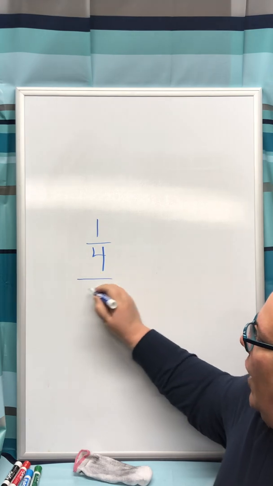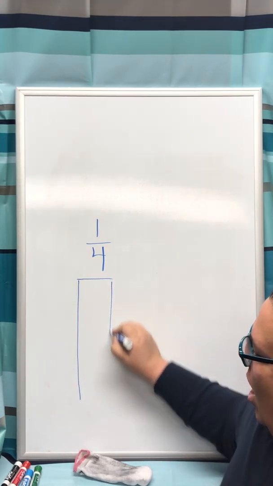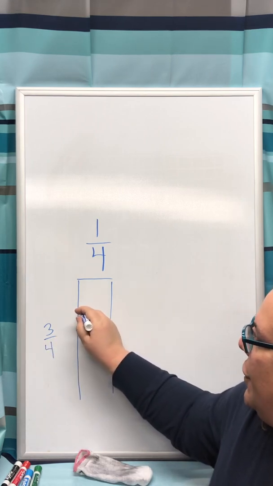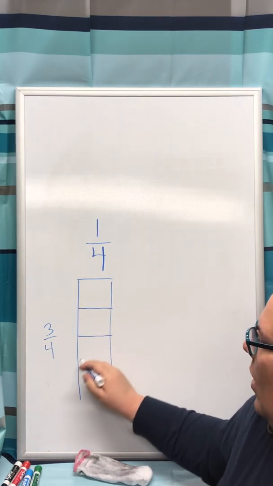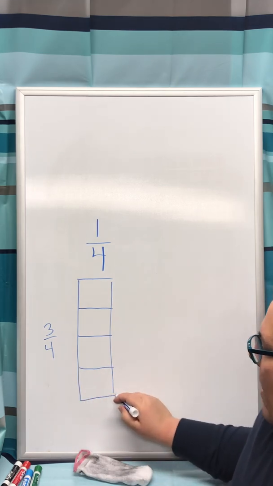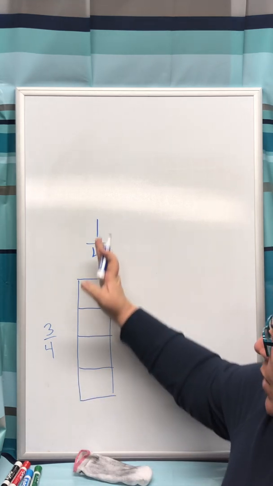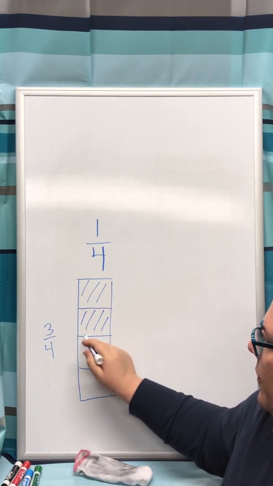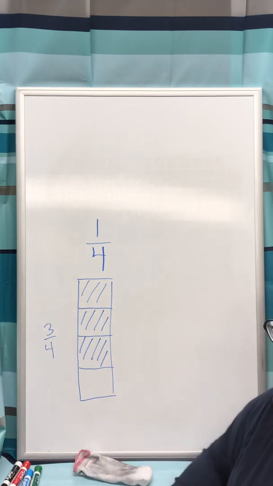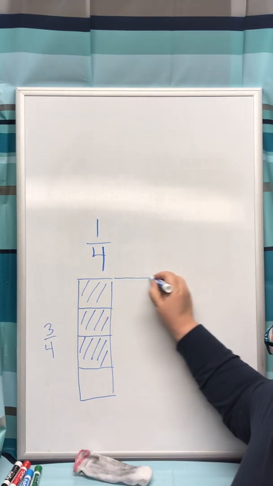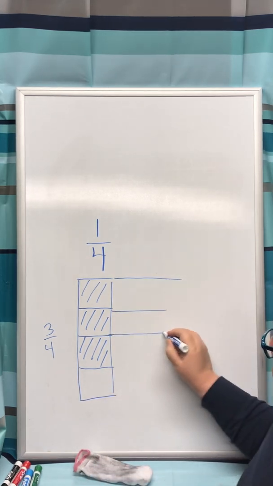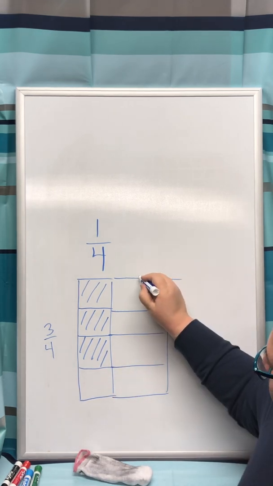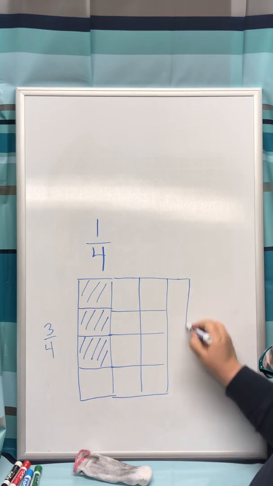But it's going to be 1/4 across, and it's going to be 3/4 in width. So if I wanted to draw a model, it's 1/4 by 3/4. I'll make one more column there.